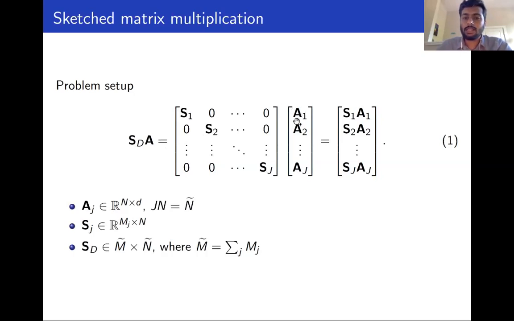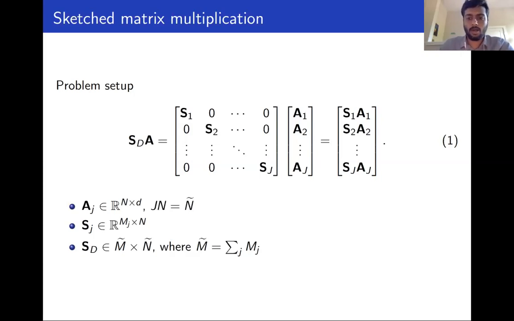So we take this block, let's say A1, run it through S1, and get something of height M1, and the hope is that M1 is much smaller than n. Another quantity of interest is the total sketch size, which is the height of this matrix SD, and that determines overall how much dimensionality reduction has happened.